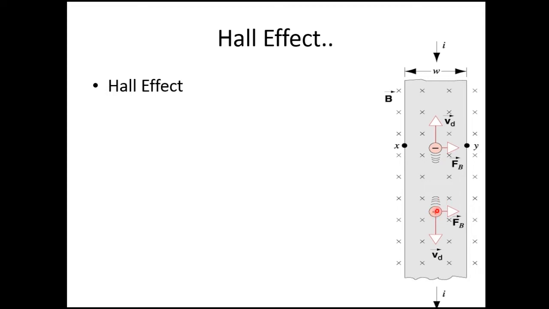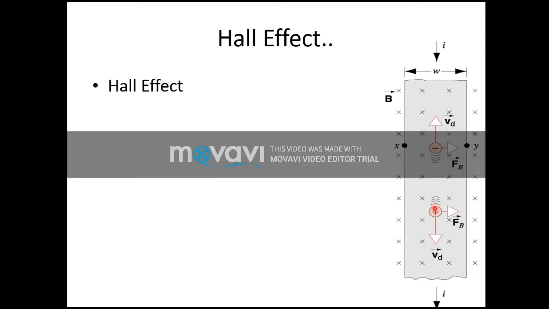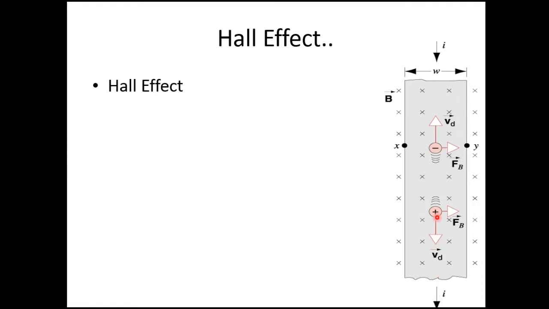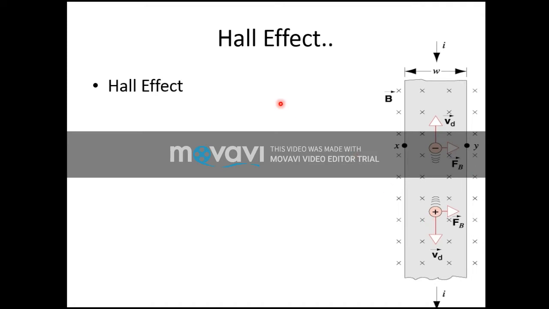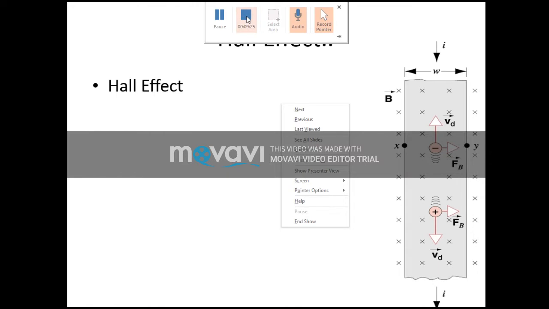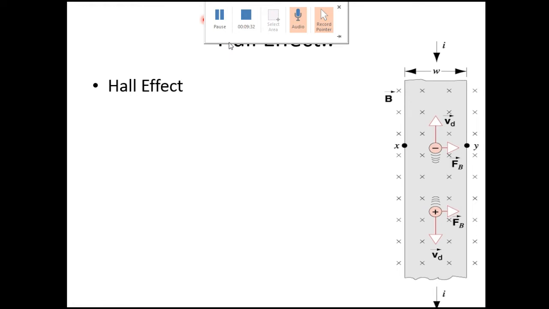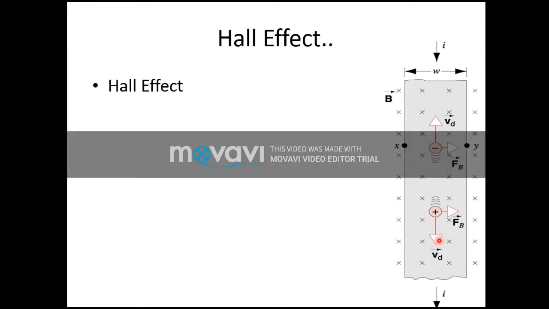So this plus charge, when it is moving downward, as the direction of the current is taken as the direction of the positive charge, so you can see that when this positive charge is drifting with a speed which we call Vd, there is a plus charge over here, and this plus charge is moving down with the drift velocity Vd, and this charge is moving in the magnetic field, which is cross over here, which is into the strip.